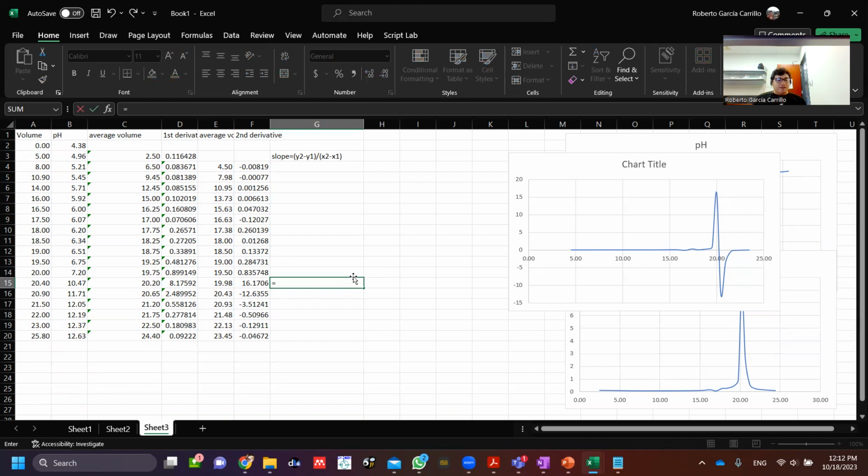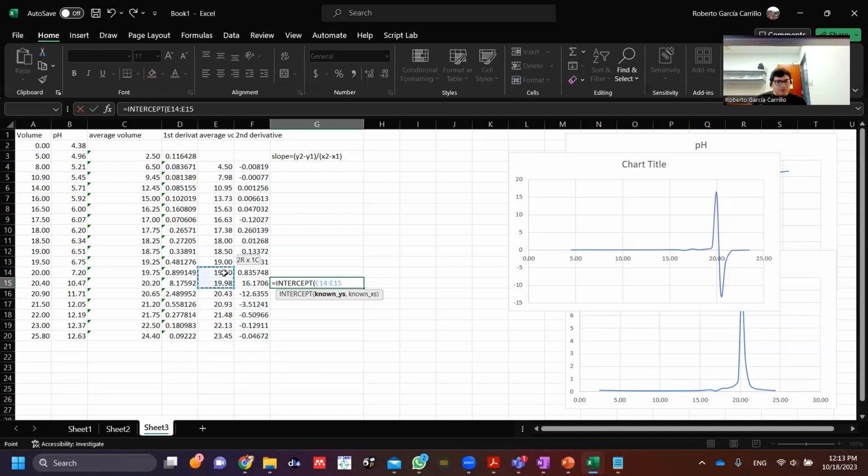To get the intercept, we type in intercept, open parentheses, and this function gives you the y values for the intercept, but we are interested in the x values because we are measuring volumes, not pH. So in order to properly use this formula, we need to change the y for the x. Let's type in the x values first, which in this case are the volumes.